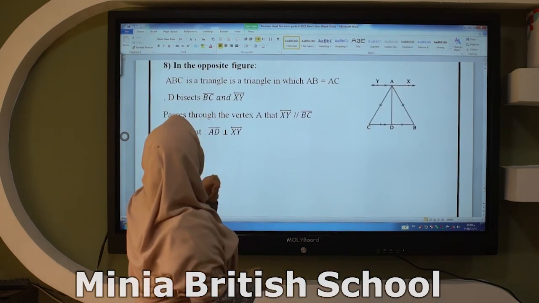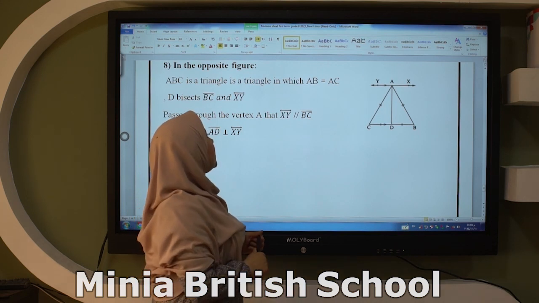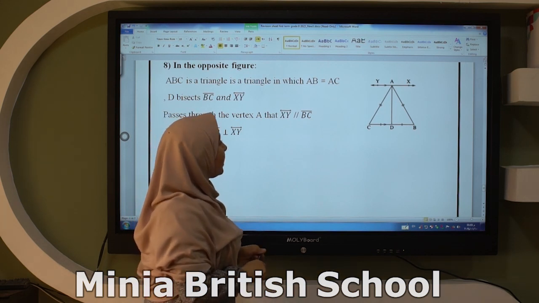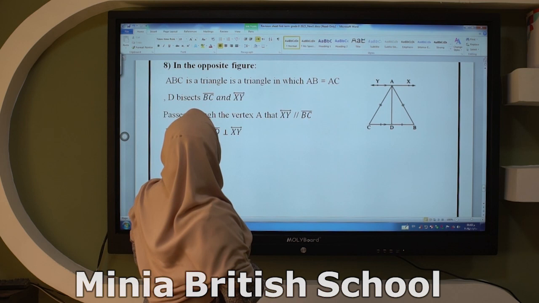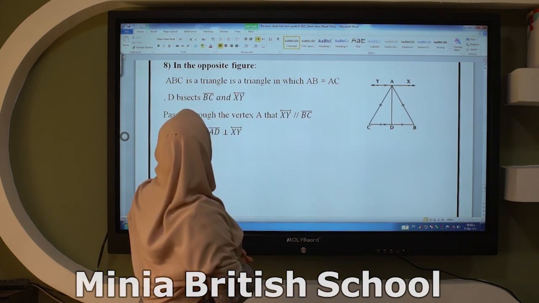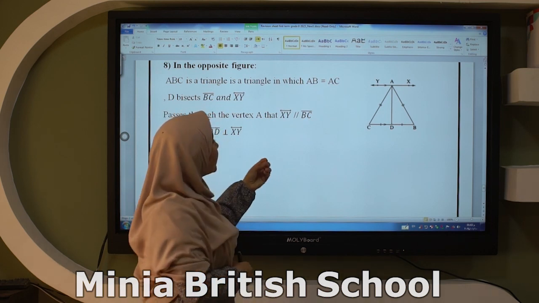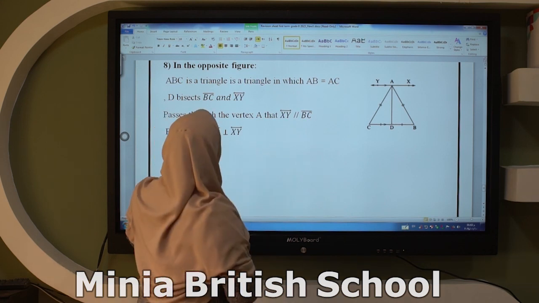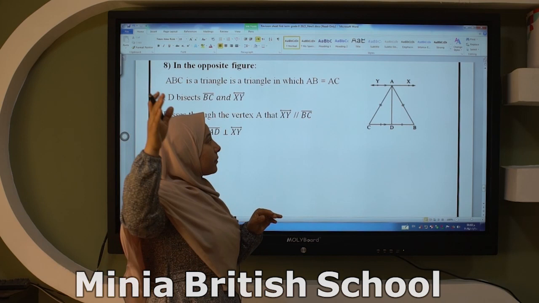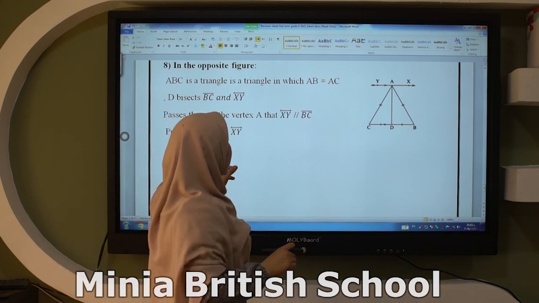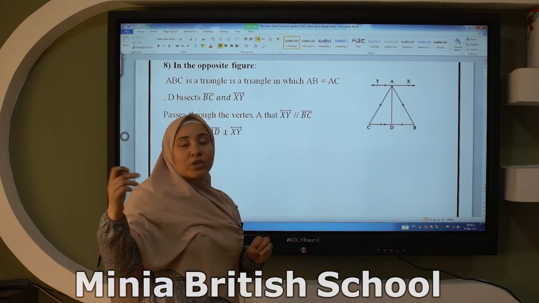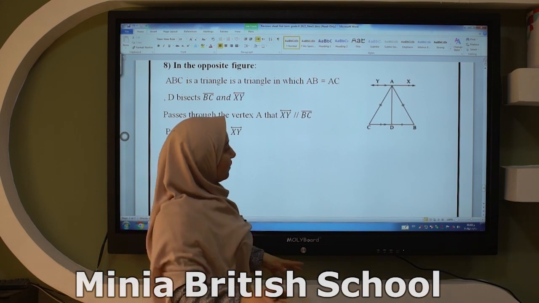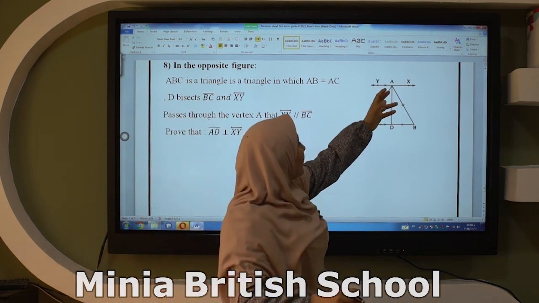Number 8, APC is a triangle in which AP equal AC, D bisects PC, and XY passing through the vertex A, that XY parallel to PC. I need to prove XY perpendicular to AD. From the given, I have AP equal AC.